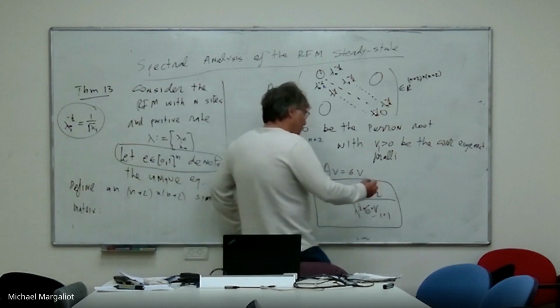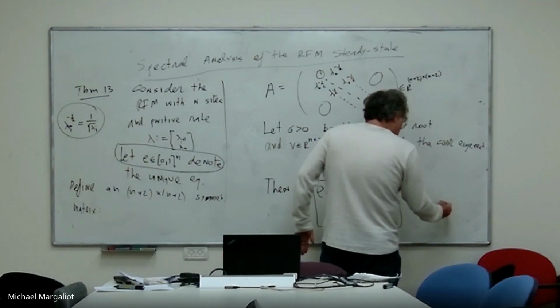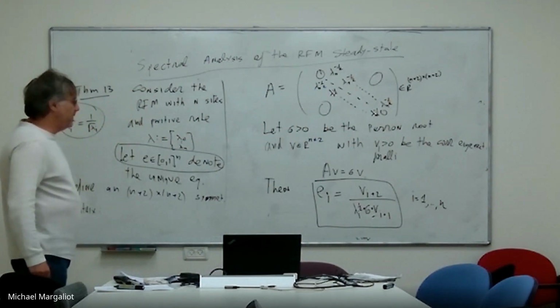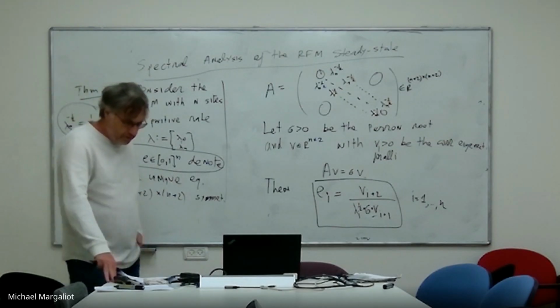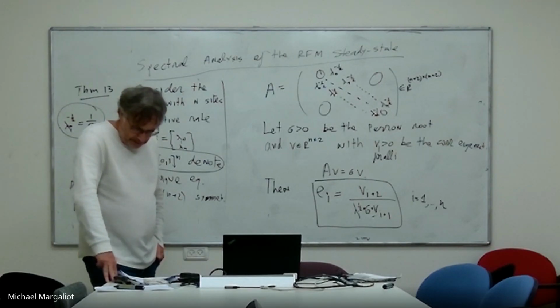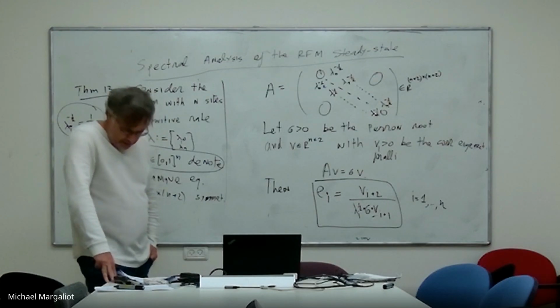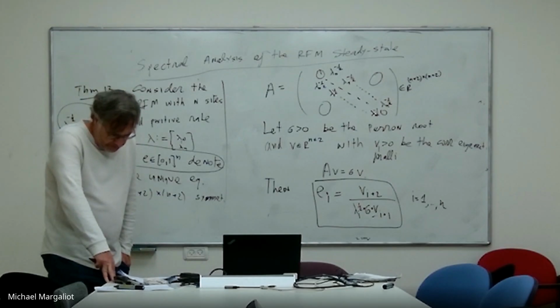And i here goes from 1 up to n. This is called the spectral representation of the RFM steady state because it depends on the spectral properties of some matrix. So obviously, this is why we call it a spectral representation.